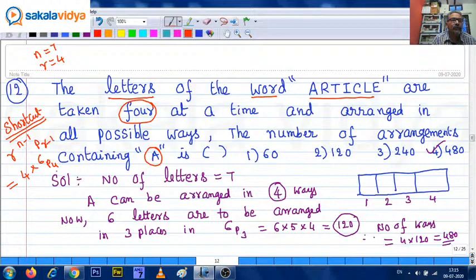Here n is 7 and R is 4. So 4 into 6P3, which is 4 into 120, that is 480. I have already discussed this shortcut. With its help we can also solve this problem.